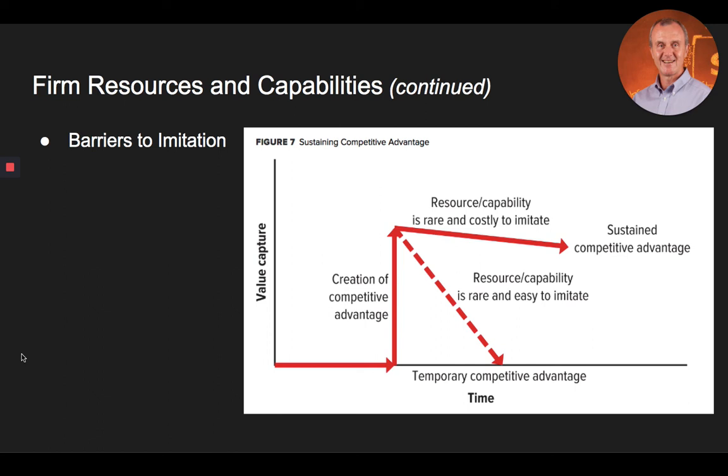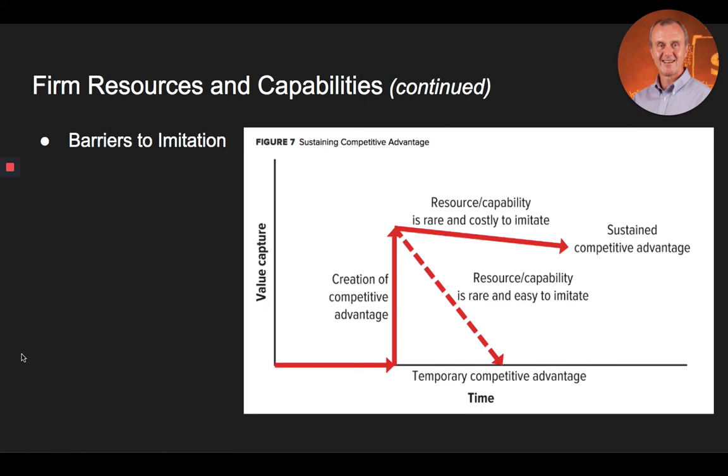Next, time compression diseconomies occur when it is expensive for an imitator to try to build up a resource or a capability in less time. Causal ambiguity, or uncertainty about why a firm is performing so well, can make it difficult for a rival to duplicate its resources and capabilities.